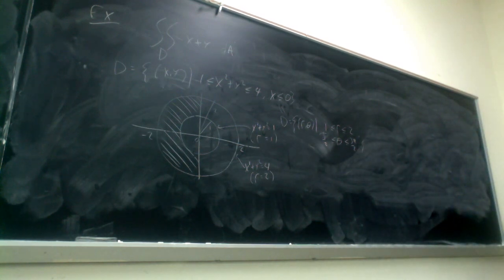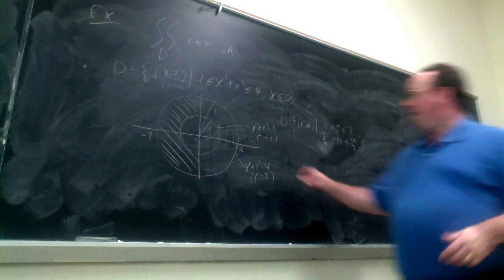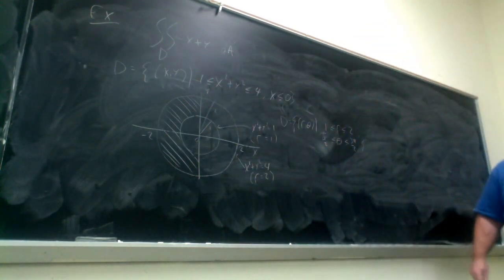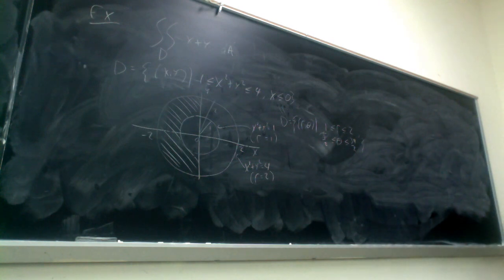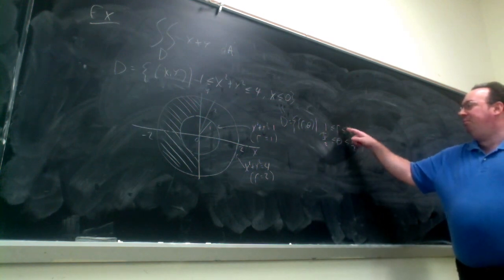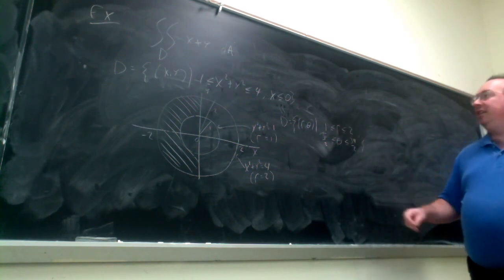So this region that in x and y space looks like half a donut is actually a polar rectangle, because it can be described as r and theta bounded by constants on both ends.